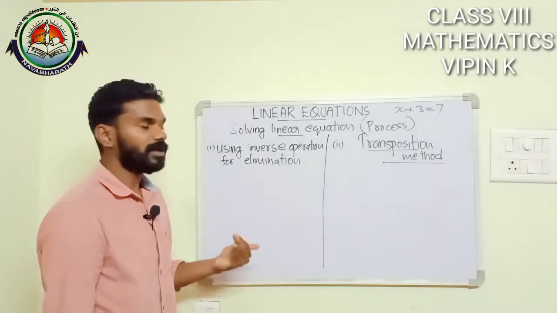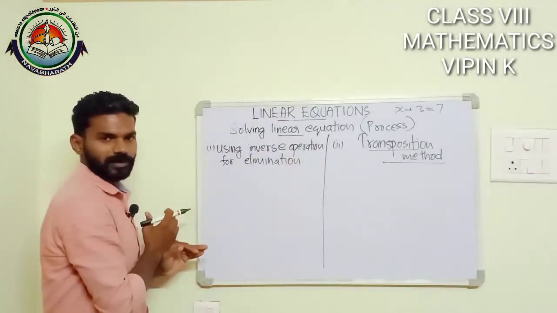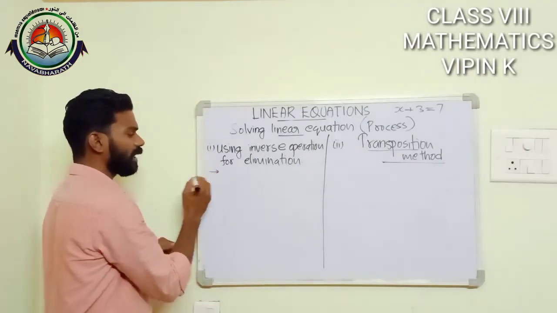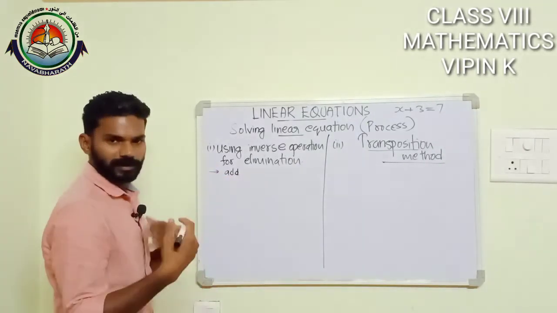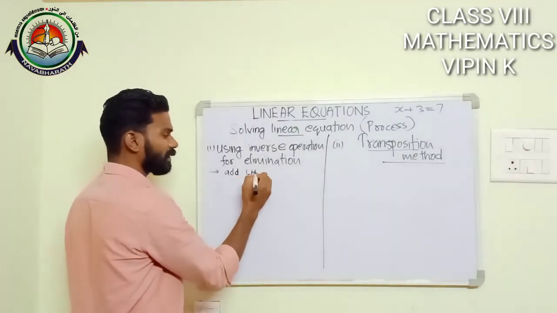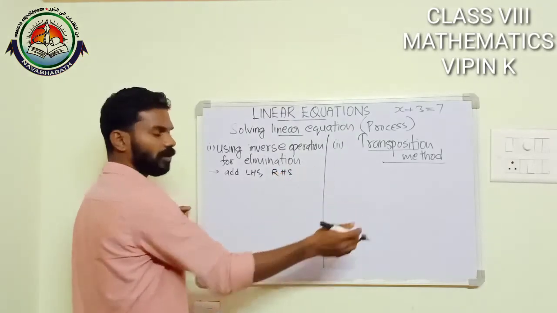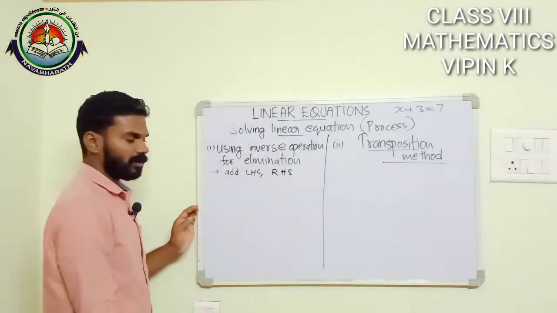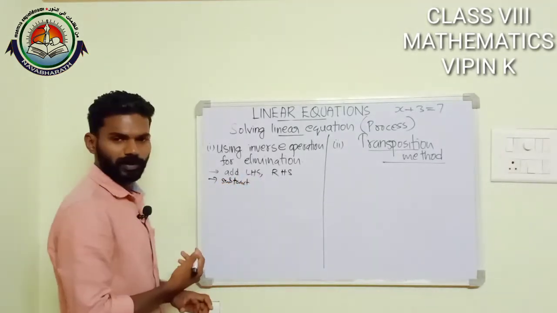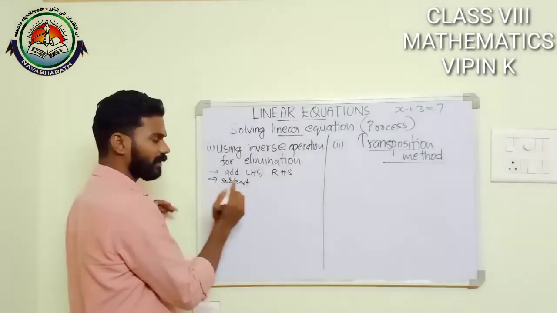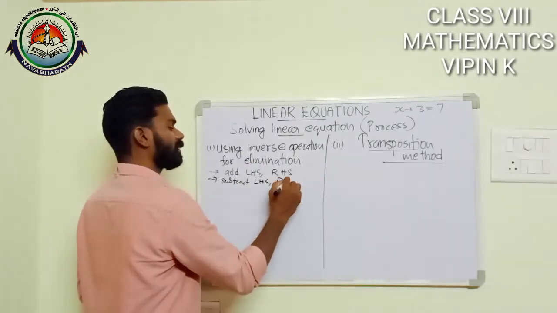Now, on the first method, the rule is that when we add some number to the LHS, then it must be added to the RHS also. When we subtract some number on the left hand side, then it must be done on the RHS also.